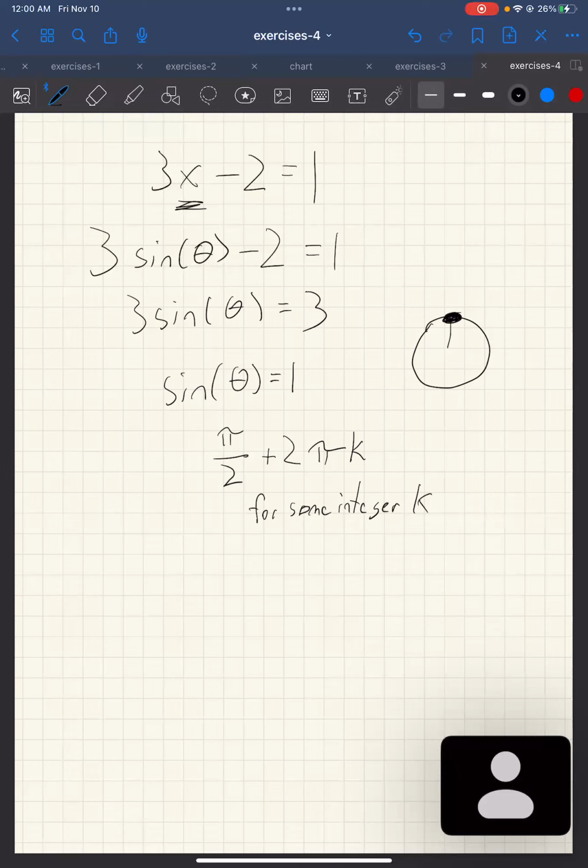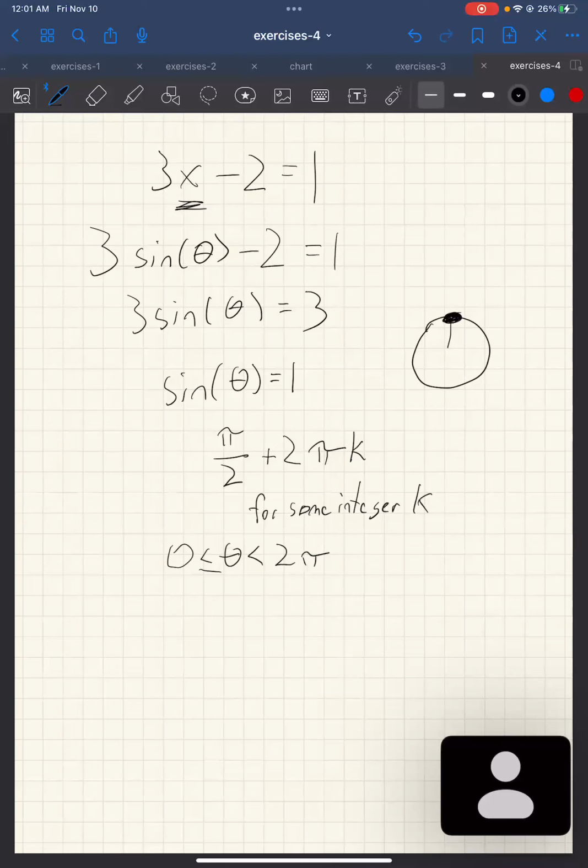Now, typically, these questions actually give us a restricted domain. So the most common one that we'll see for this kind of stuff is that theta is between 0 and 2 pi.